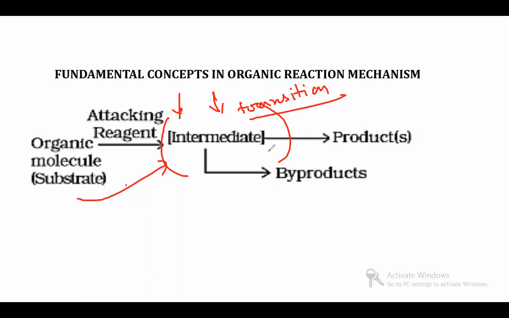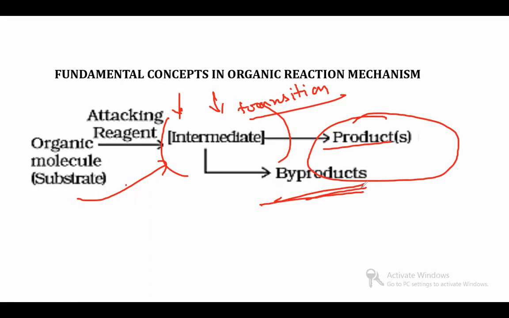With the forming of an intermediate, we majorly get a product as well as a byproduct. The major compound we get is the product, and the minor one we get is the byproduct. This is the normal organic reaction.